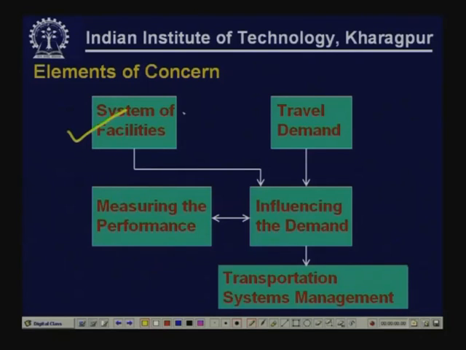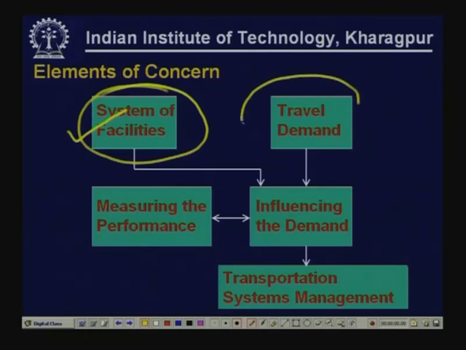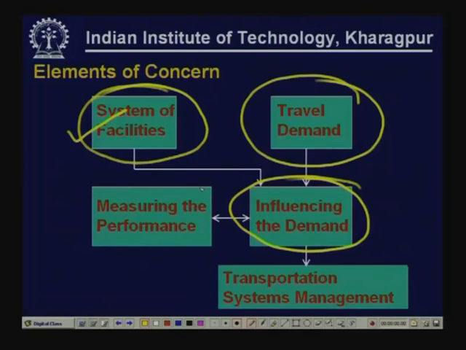So, we have the supply side, or the system of facilities, we have demand, and they interact with each other in a transportation system at the interface of control, and this interaction creates operational performance, congestion and all sorts of other things.